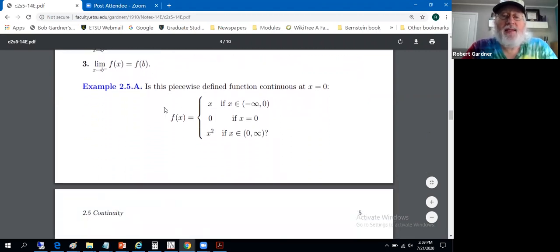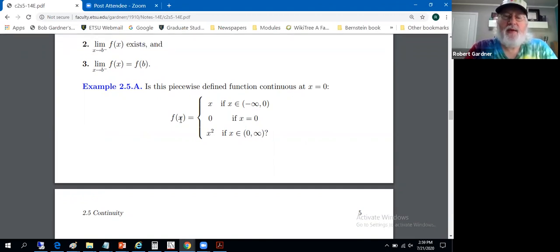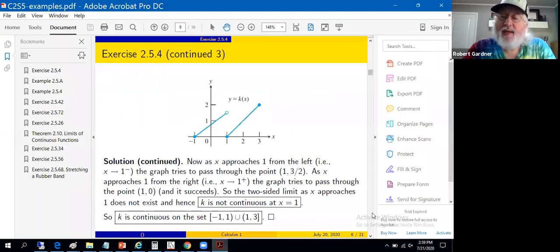So let's take this piecewise defined function and check it for continuity at 0. f(x) equals x when x is negative, 0 when x is 0, and x squared when x is positive. So we want to check continuity at 0. We'll have to do it in terms of limits. Since it's a piecewise defined function, we'll probably have to break it into one-sided limits. So let's look at the solution to that.